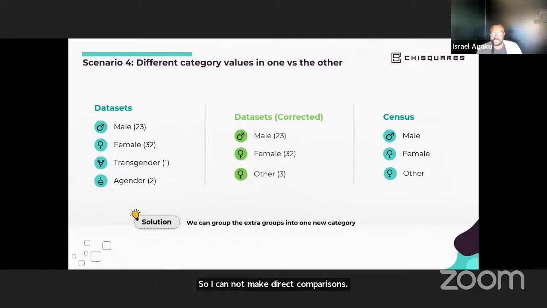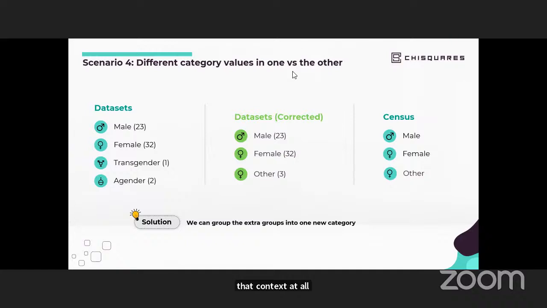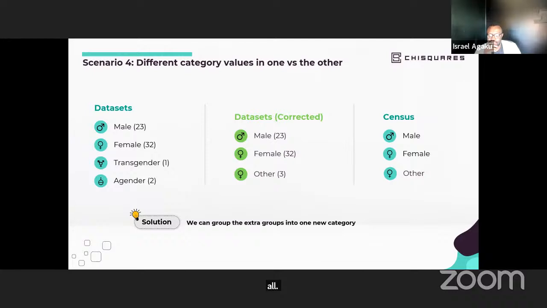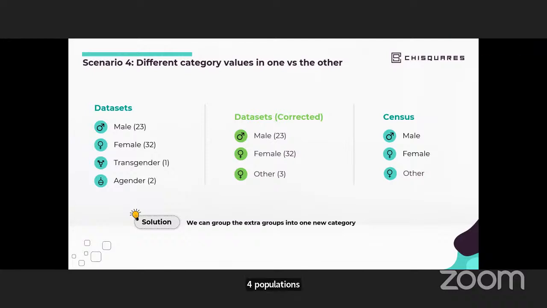But if you're just analyzing one population, standardization does not apply, because for you to standardize, that means you have 2 separate populations you're trying to compare, and you need to standardize both of them so that they look alike before you can compare. So that does not apply in that context at all. For 4 populations? Yeah, you can standardize any number of populations. I mean, 2 or more.